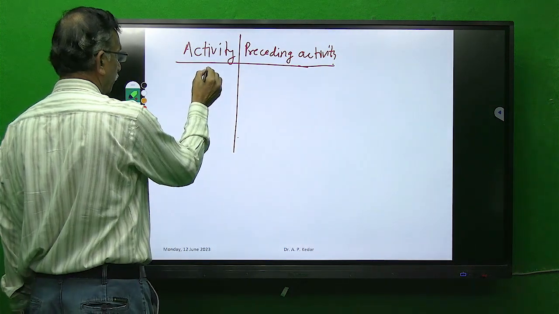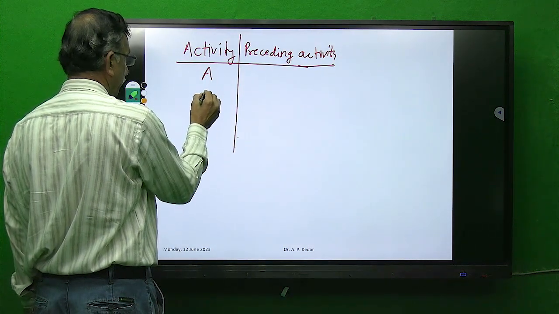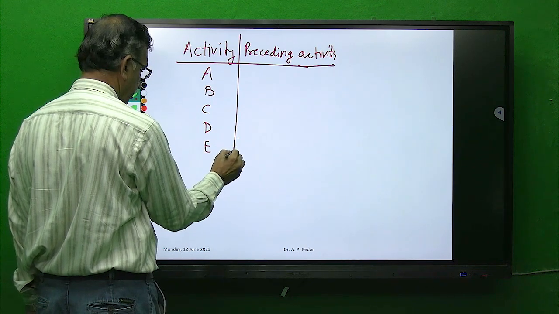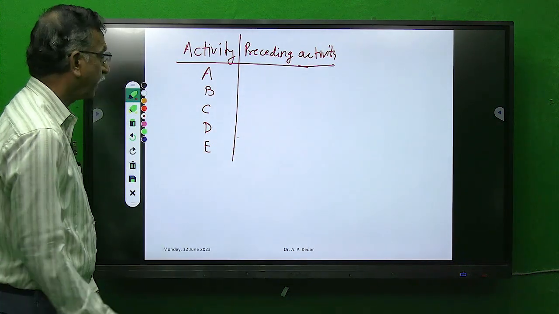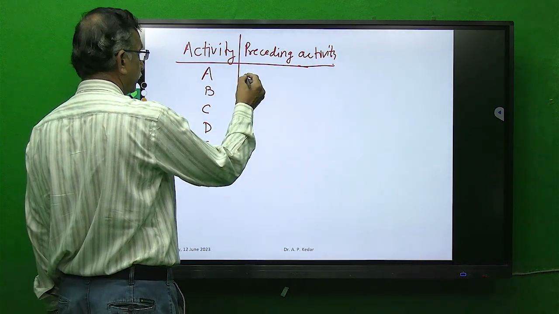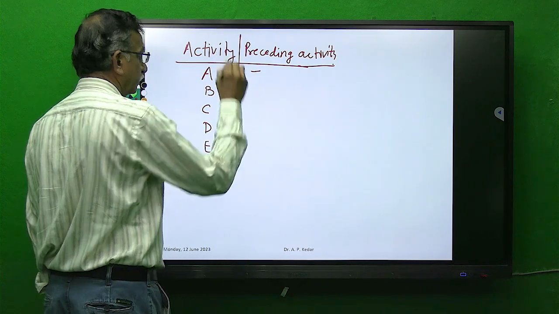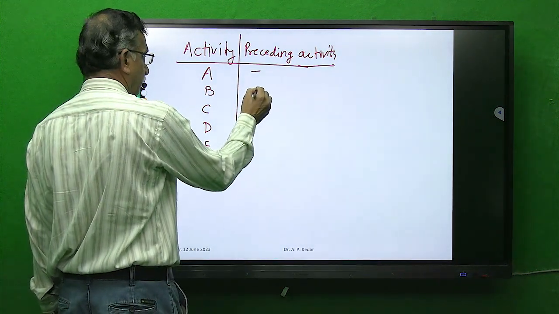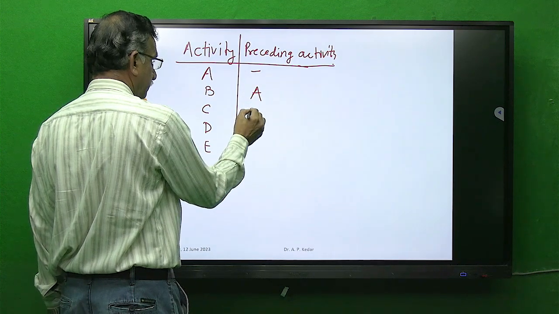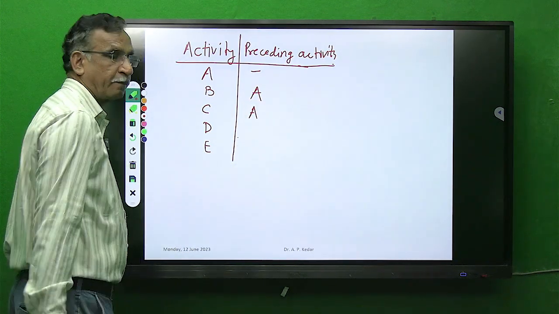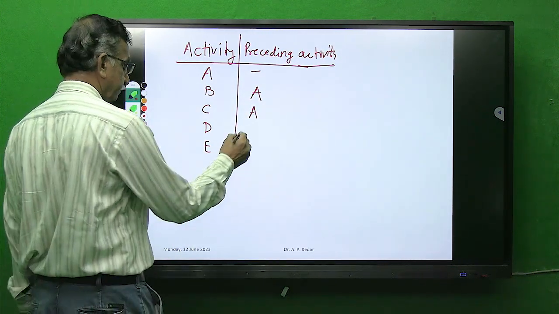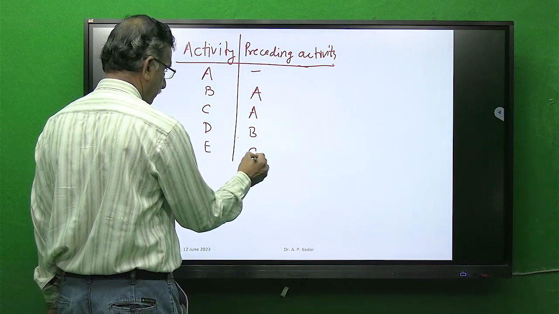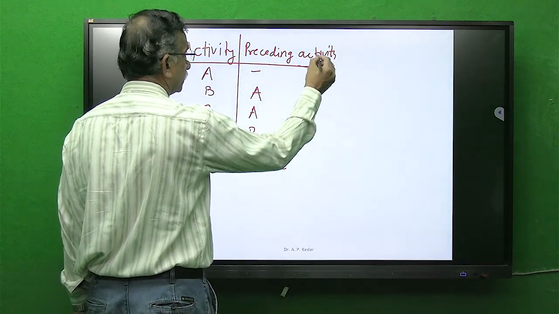Suppose I am given activities A, B, C, D, E, and it was mentioned like this is dash, this is like this, and suppose this is the case.